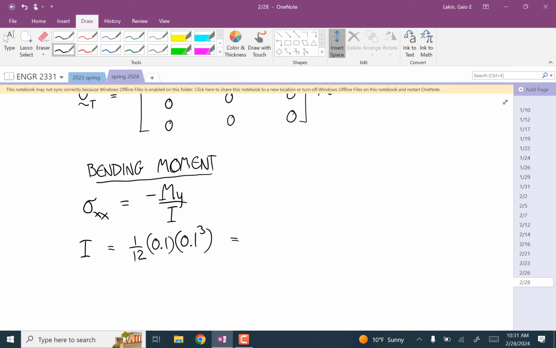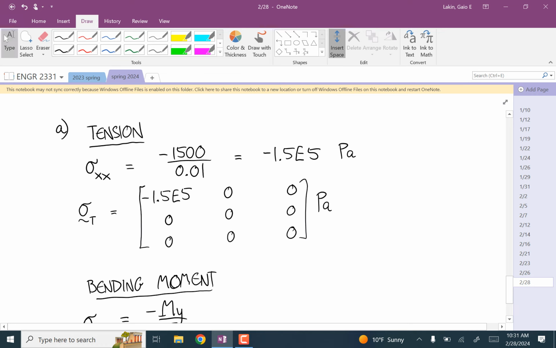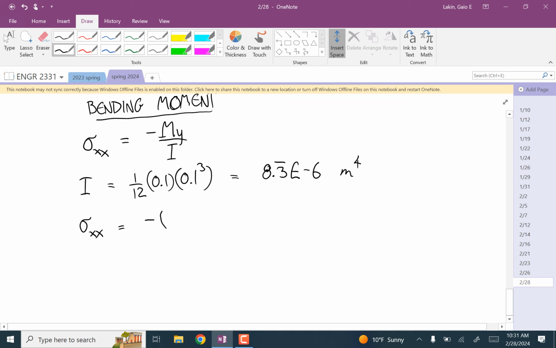All right, so this is 8.3 repeating times 10 to the minus 6 meters to the fourth. And so sigma xx is equal to negative, and then times the bending moment, which is negative 200, times y, which is negative 0.05. That's from the middle of the square to the bottom.